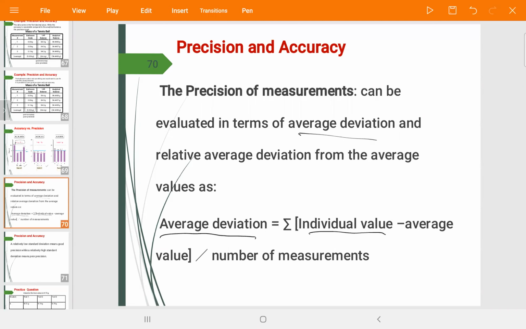And you can obtain relative average deviation by dividing the average deviation by the average value. Is that clear? So when you calculate RAD, it is simply average deviation over average value.